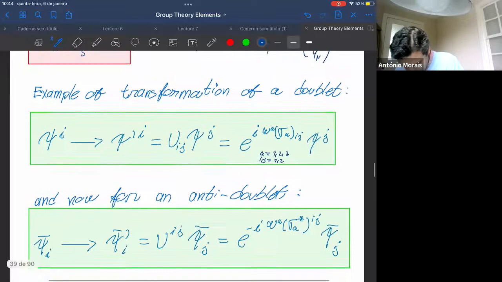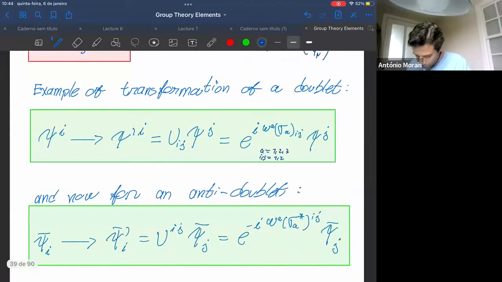For the case of an anti-doublet, let's just conjugate this thing here. So we have this U_ij here. I believe there is a conjugation missing here. Then we have this psi bar_j, and what we have to do is to put a minus here, of course, and conjugate these sigmas.